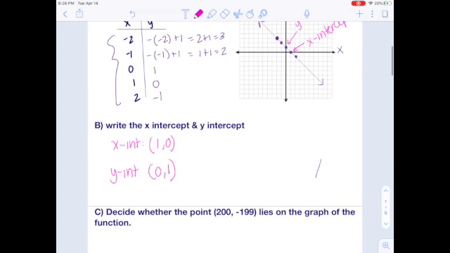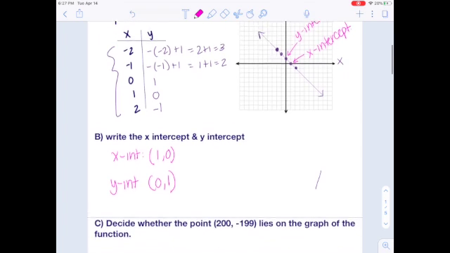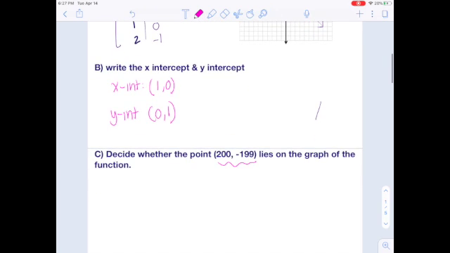A further question is to decide whether the point (200, negative 199) lies on the graph of the function. Remember, your graph goes on forever and ever. So how do you know if a point is on the graph of the function? Well, you're going to plug in the point.